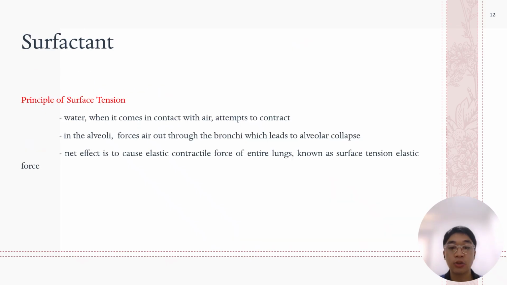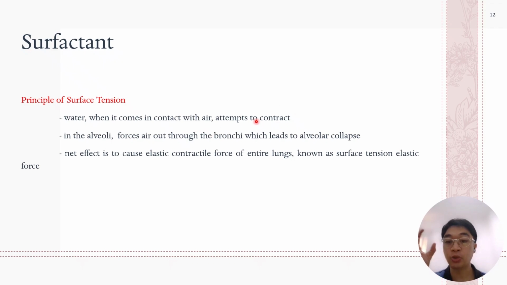Let us now talk about one of the most important substances which are secreted in our lungs, which we call surfactants. Before I discuss further on surfactant, let us first touch on a little about the principle of surface tension. The principle of surface tension is all about how water and air react with each other. Water, when it comes into contact with air, usually attempts to contract.